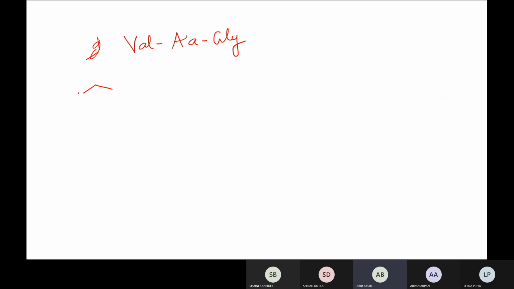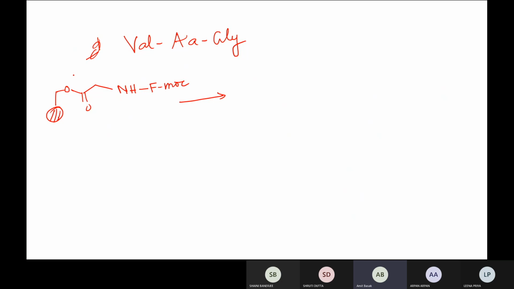Just CH2. So glycine, first step is glycine attached to the resin, and the glycine NH2 should be protected. This is usually protected as FMOC, because you cannot use acid. You should not use acid because you don't want to disturb this bond.